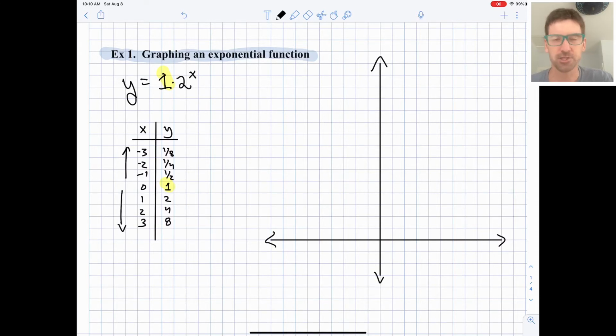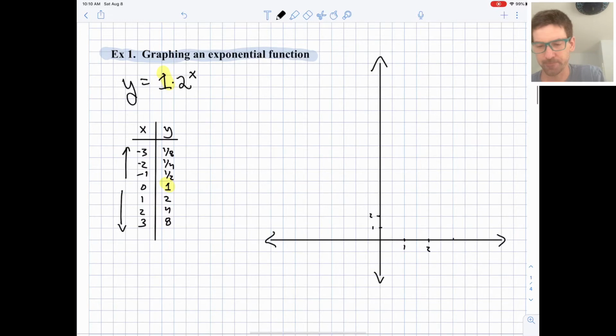But let's just do the best we can and see how it goes. Let's go up by 1s every 2 squares here, so we can get up to 8 in the y dimension.